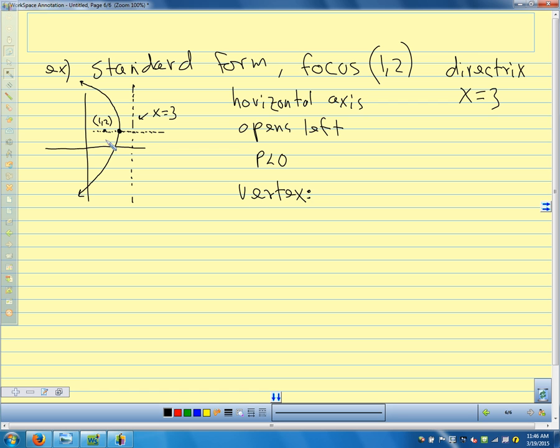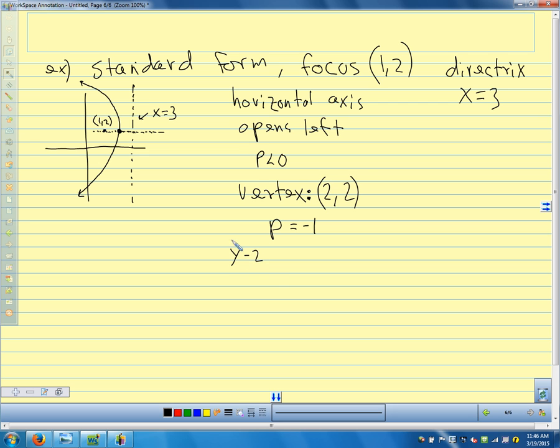So what point is halfway between (1, 2) and the line x equals 3? (2, 2). So the vertex has to be halfway between the focus and the directrix. And what does P equal then? Negative 1.